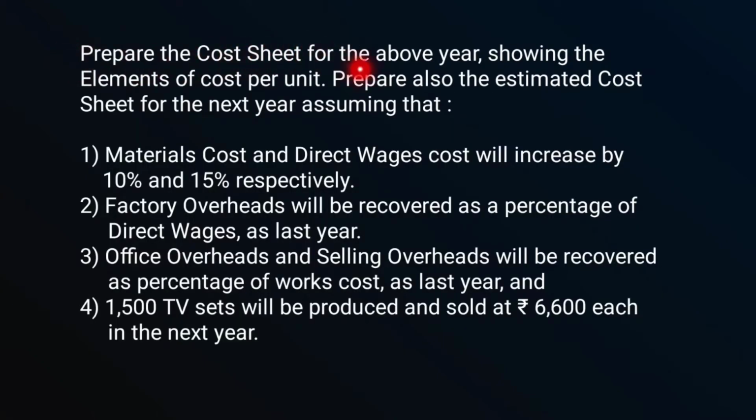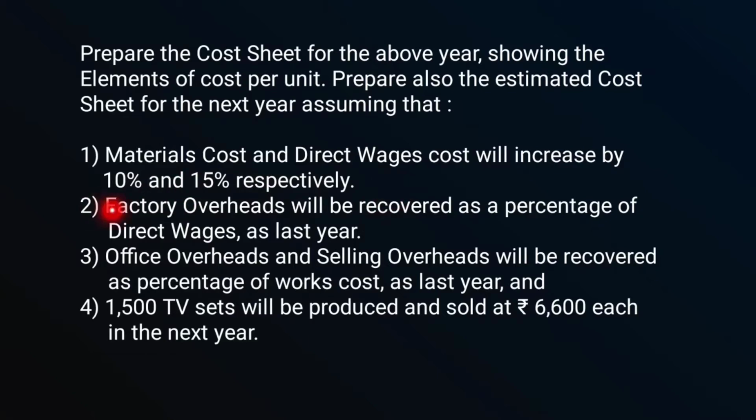Prepare the cost sheet for the above year showing the elements of cost per unit. Prepare also the estimated cost sheet for the next year, assuming that first, materials cost and direct wages cost will increase by 10% and 15% respectively.